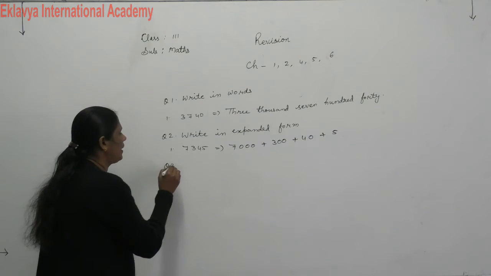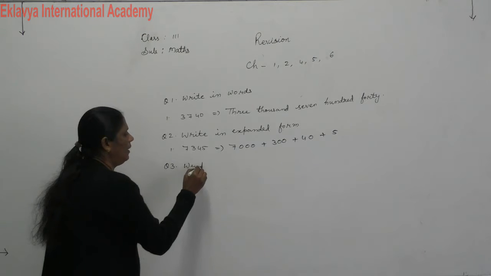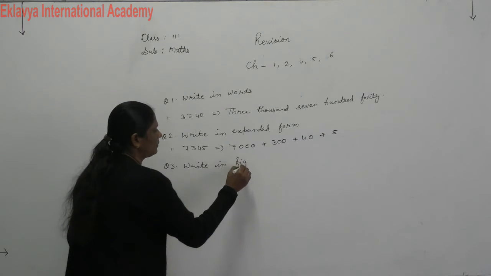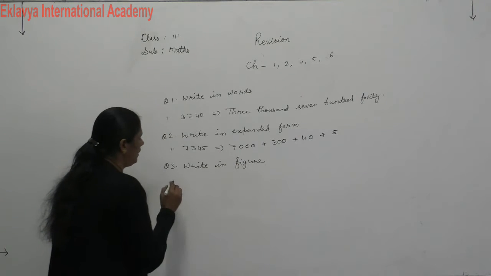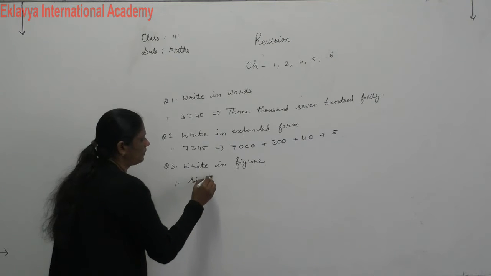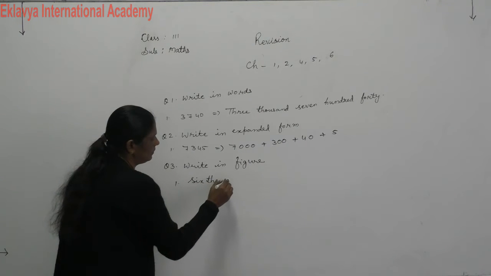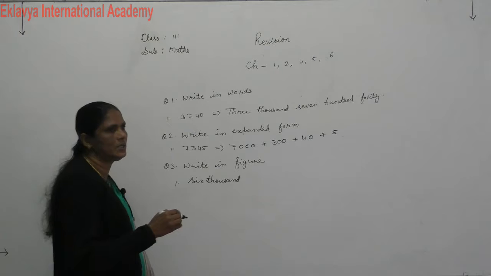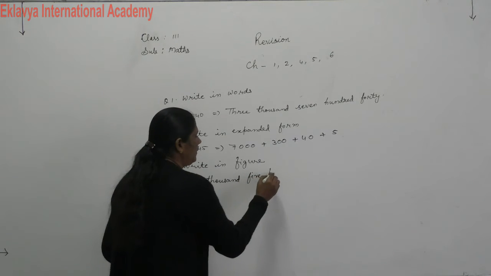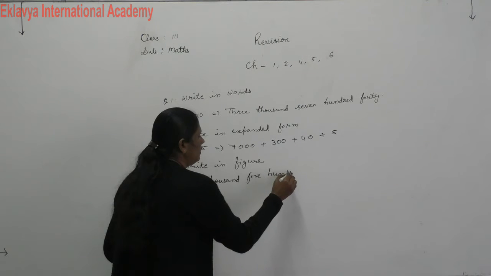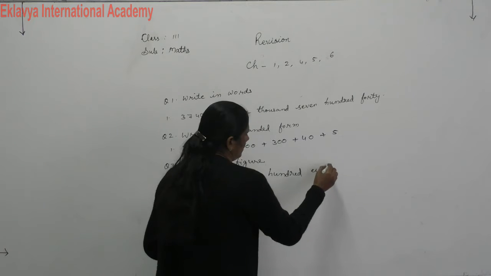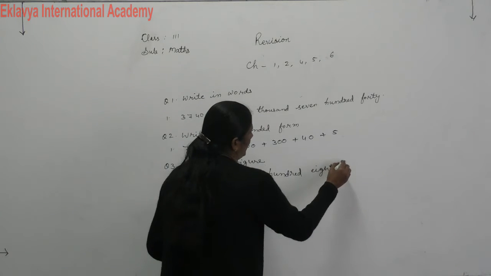Third question, write in figure. 6,000. 6,500. 85.